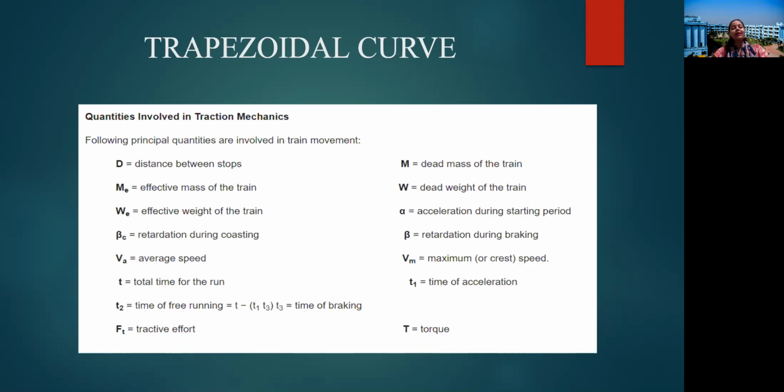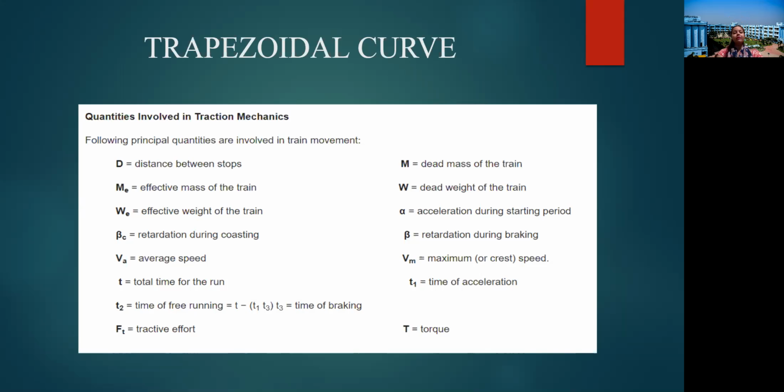In a trapezoidal curve, a locomotive will have a free running portion. Whenever a locomotive is supposed to travel for a long distance, in a rural area, it must have a free running section, and that comes under the trapezoidal curve.